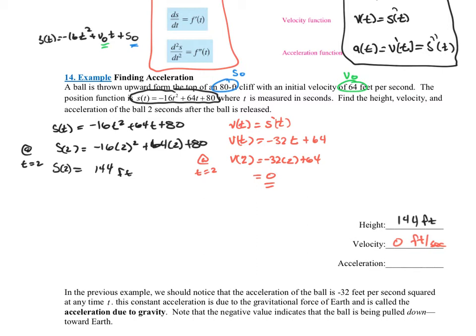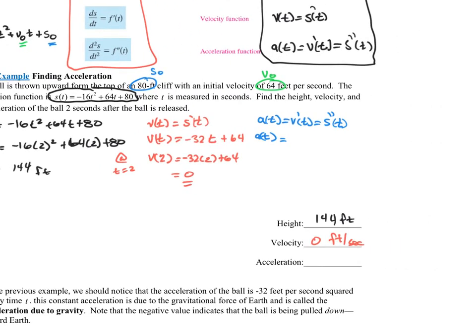Let's go ahead now and find the acceleration function. Well, that's the derivative of the velocity function, which is the second derivative of the position function. So find the derivative of what we got. Well, what's the derivative of negative 32t plus 64? Well, the derivative of negative 32t is negative 32 times the derivative of t.